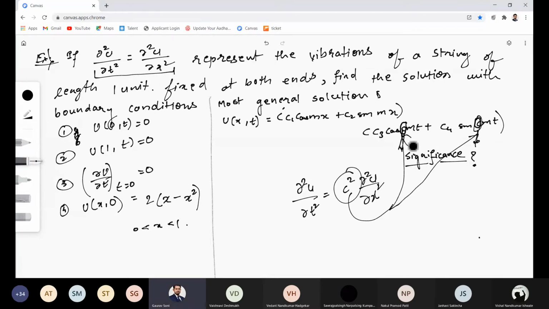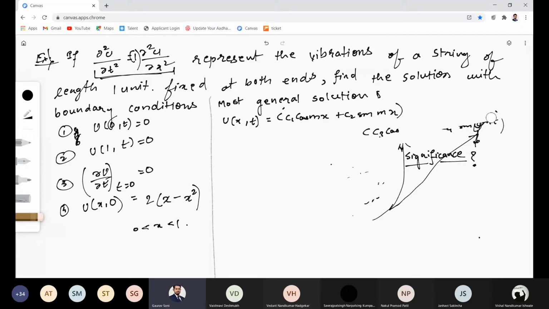So this C comes from the differential equation. In this differential equation, the value of C is 1. And that's why we'll change this value of C over here.